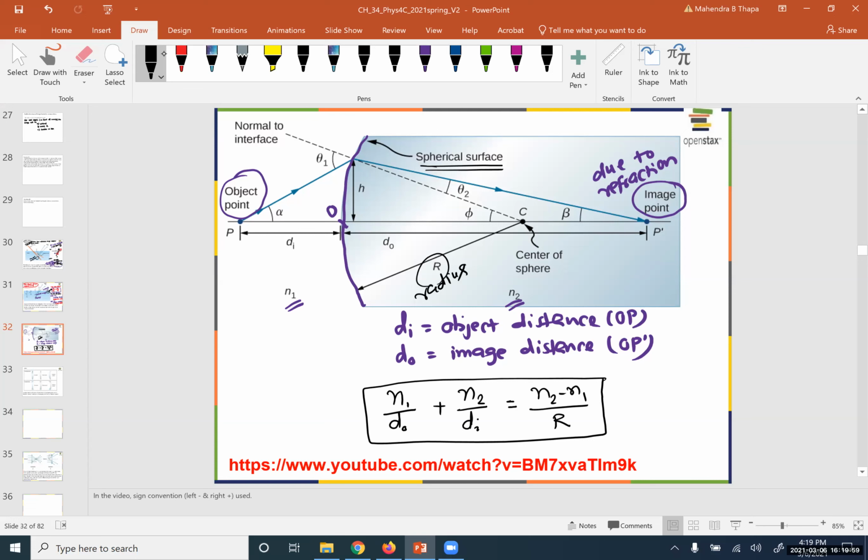So for example, if we have a plane refracting surface. What do we mean by a plane refracting surface?